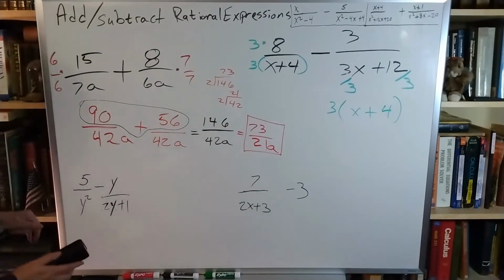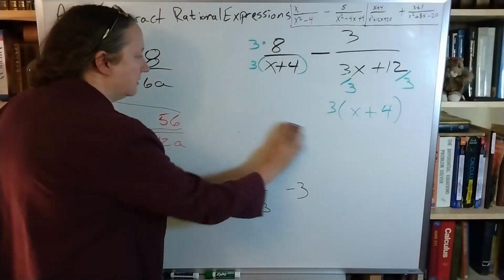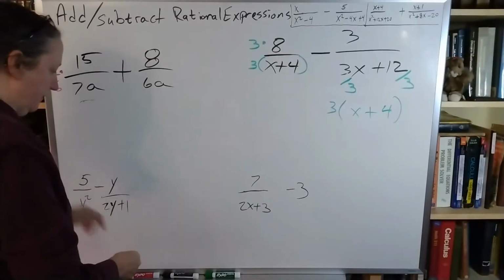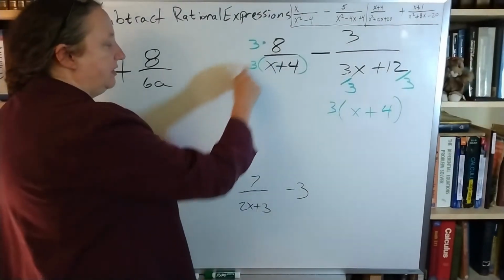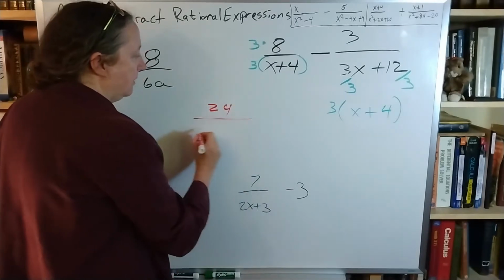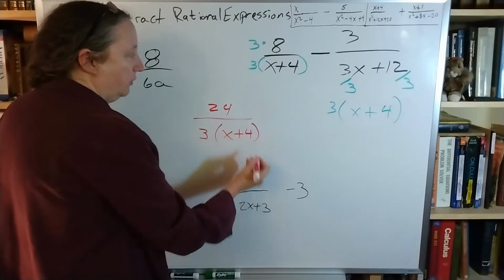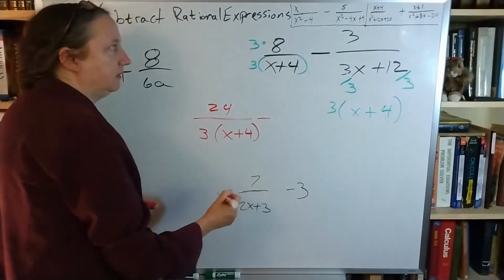So making some room so I can work it out. 3 times 8, 24, over 3 open parentheses x plus 4 close parentheses, minus.